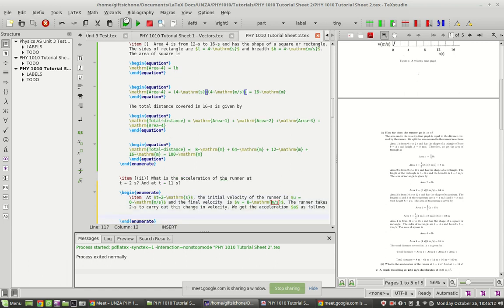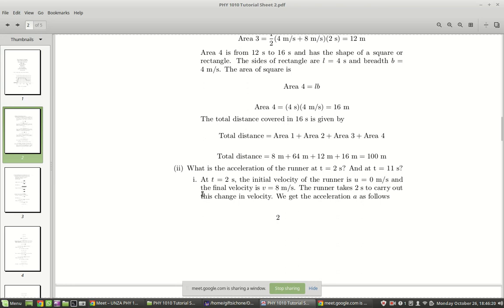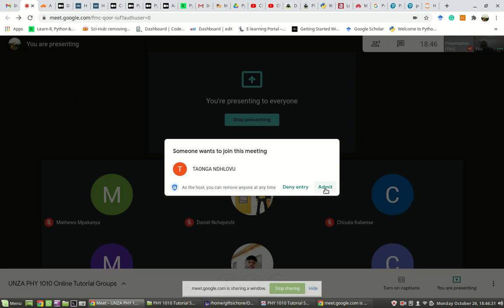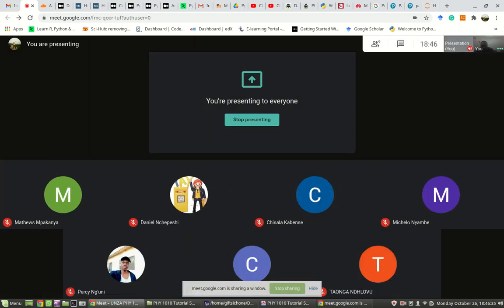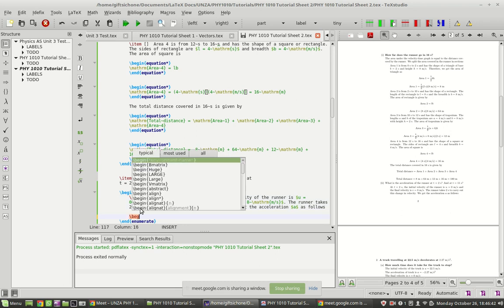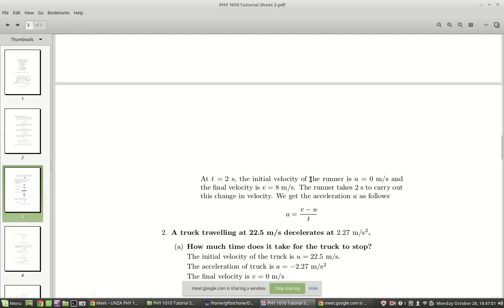So let's see again. a equals the final velocity minus the initial velocity divided by the time.